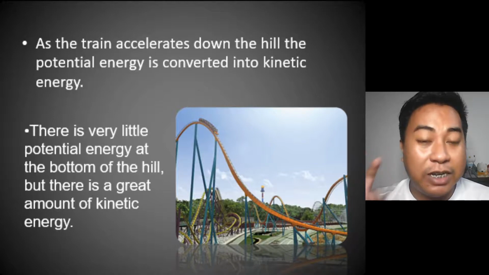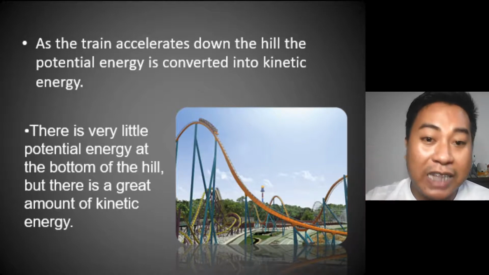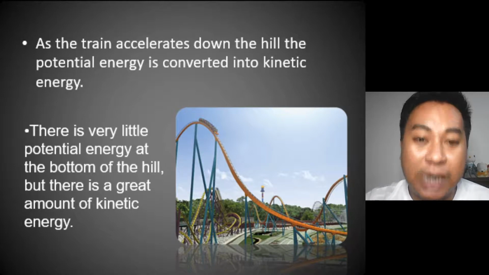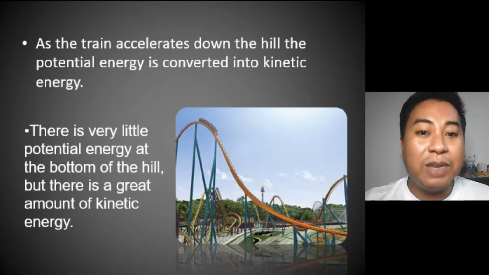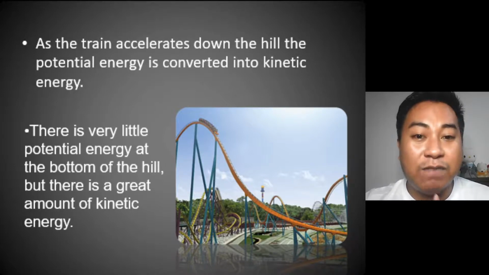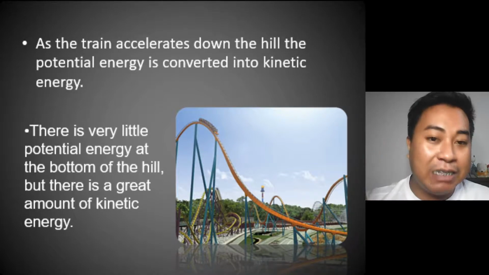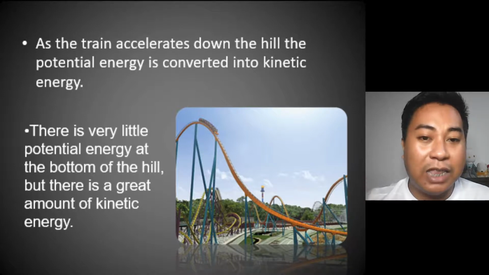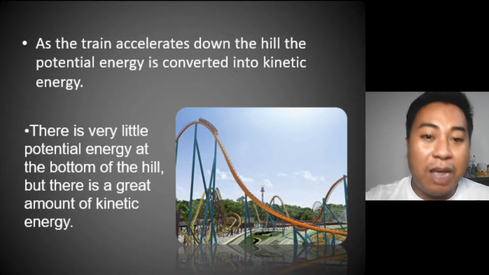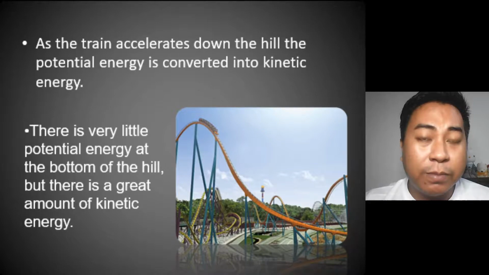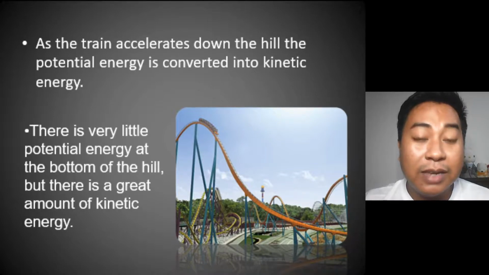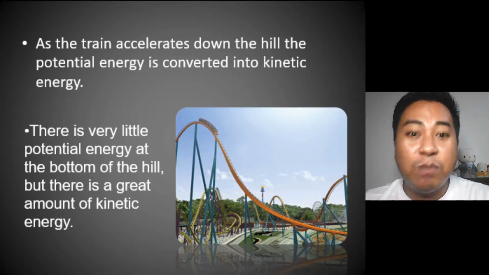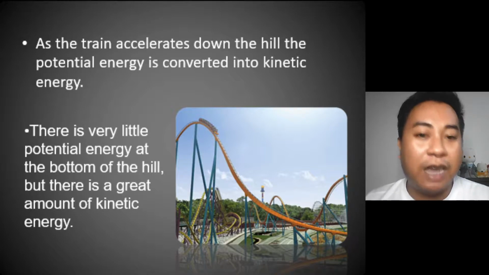Kapag nasa baba, it has the lowest potential energy. Ngayon, magkaiba naman, opposite naman, kasi nga inversely proportional ang ating kinetic with potential energy. Kapag nasa pinakatuktok ang ating object, it has the least kinetic energy. Tapos sa pinaka-bottom, will have the most kinetic energy.